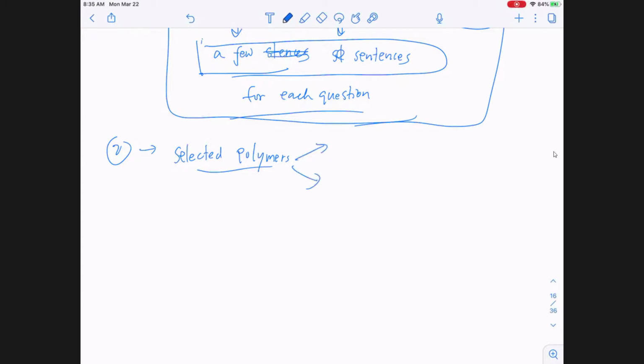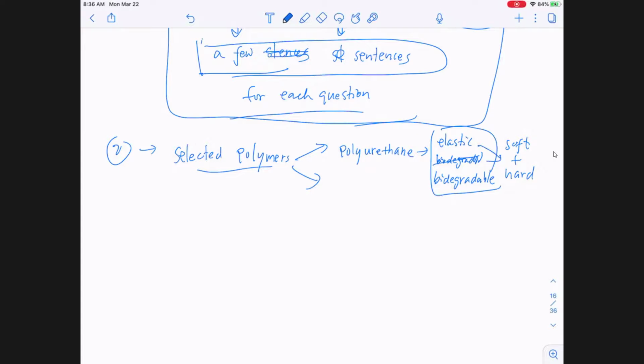Specifically, we will talk about polyurethane, which could be elastic and biodegradable, with a soft piece plus a hard piece that forms the elastic. So that's why it has some elasticity.